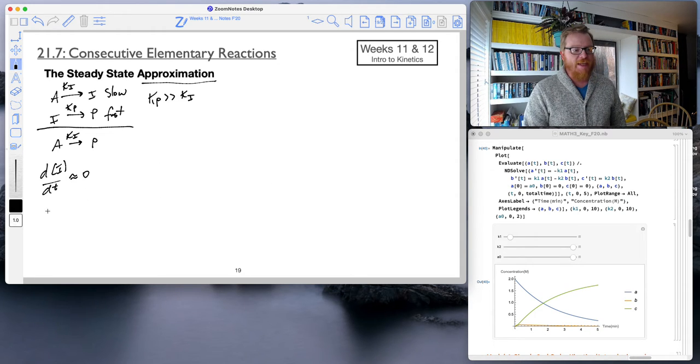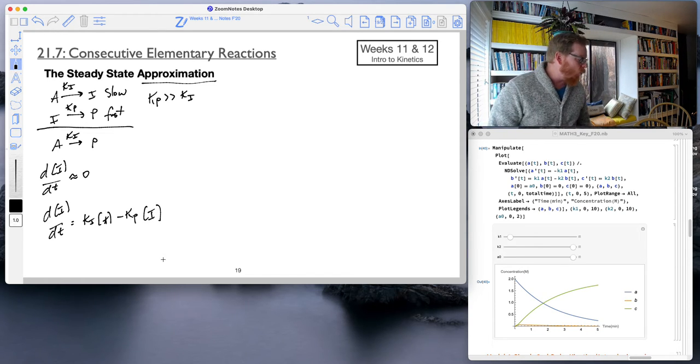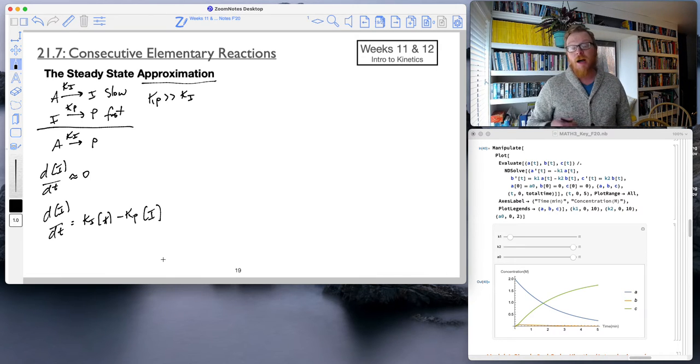So if we put together the full expression for I like we did previously, we know once again we can say that that was Ki times A minus Kp times I. And the way that we apply the steady state approximation to these equations is by setting this equal to 0.